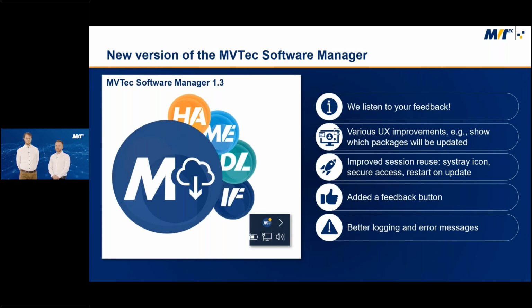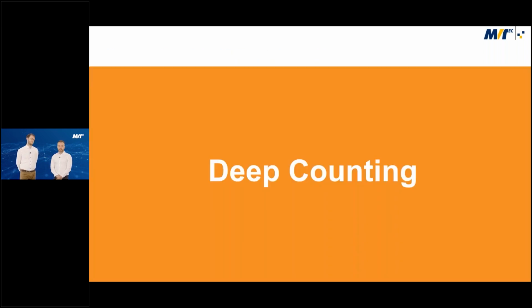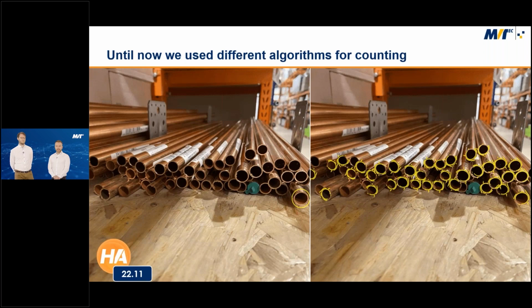And now, let's start with our first feature, the deep counting. To count things is a really standard task in the field of machine vision. And we have offered many different algorithms to solve the task. One algorithm you would usually pick is the shape-based matching. So we can see we have some metal pipes here in this image.